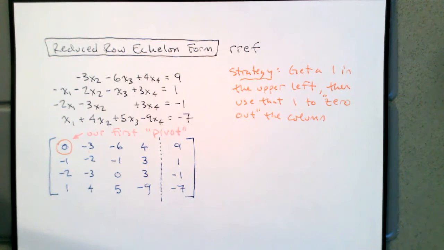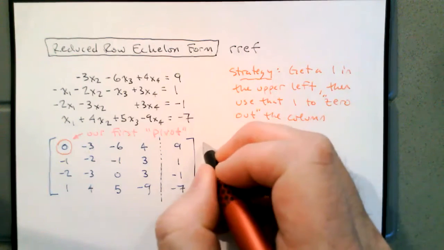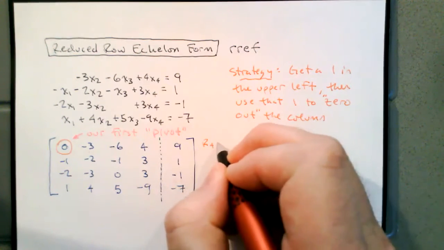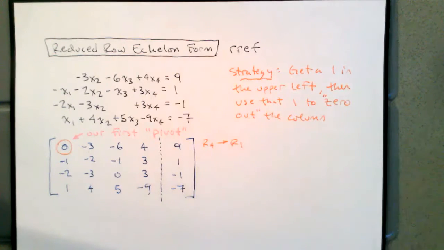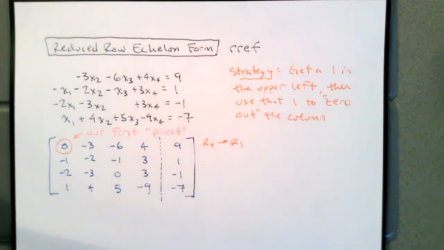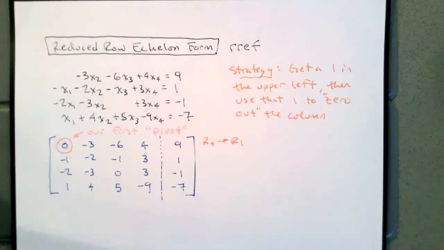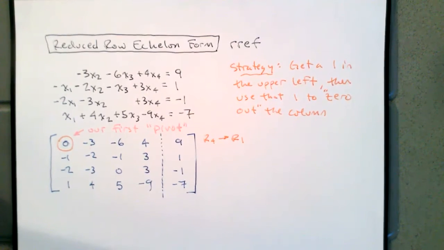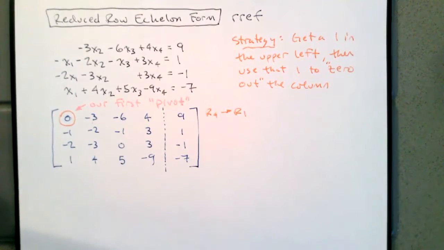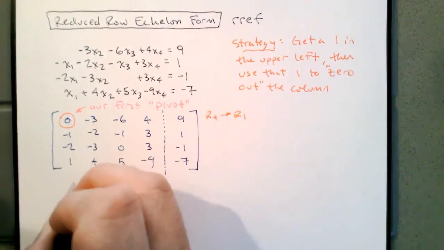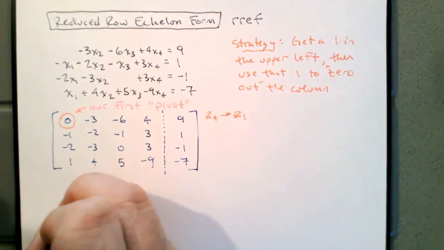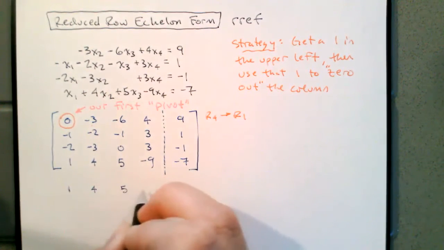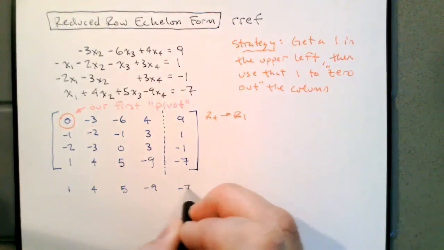So the first thing I'm going to do is take row 4 and move it up to row 1. Row 4 is going to become my new row 1. And I'm going to write the entire augmented matrix with that one change. So my augmented matrix is now, the first row is going to become 1, 4, 5, -9, -7.